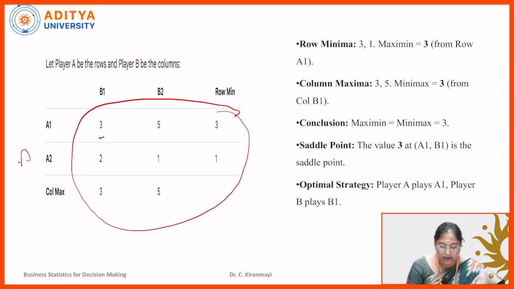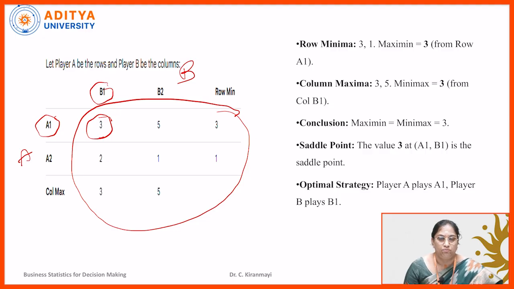If player A uses strategy A1 against the strategy B1 of player B, A is going to make 3 units of profit. 3 will be the gain for A if player A uses A1 against B1. Likewise, if we consider this one, 1 is the gain for player A if player A uses strategy A2 against strategy B2 of player B.